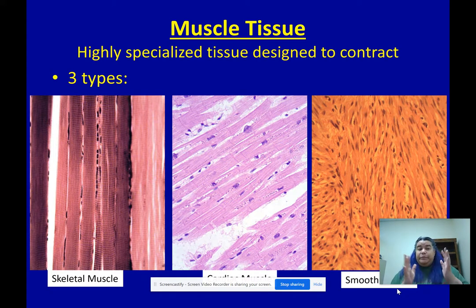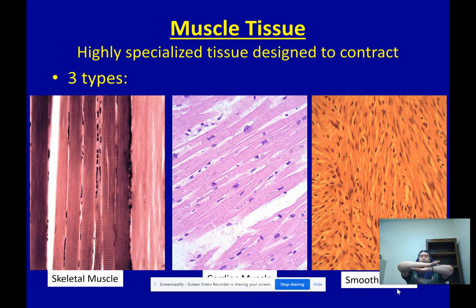All right, so we talked about epithelial tissue. We did the intro to the four tissues to begin with, but now we're going to talk about the muscle tissue. Muscle tissue has one job and one job only. It contracts, it moves. You've got these fibers inside that literally crawl on each other, and as they do, the muscle shortens.